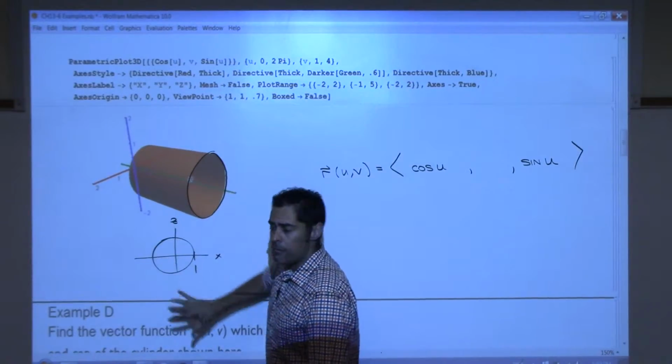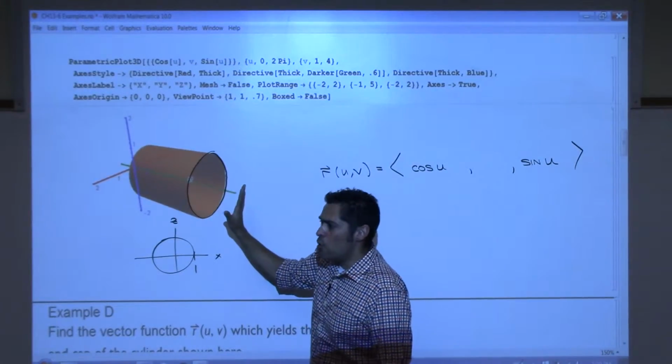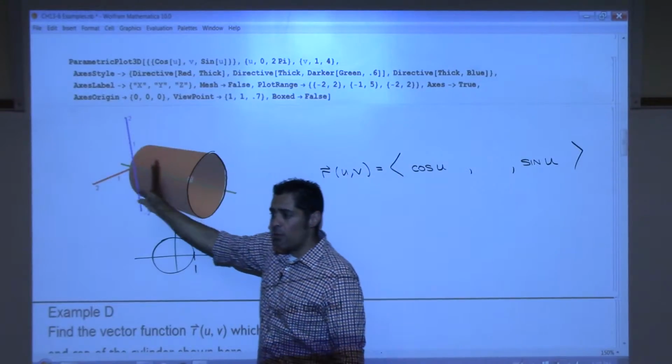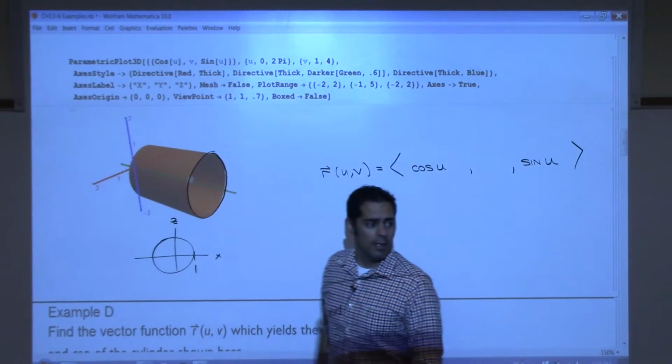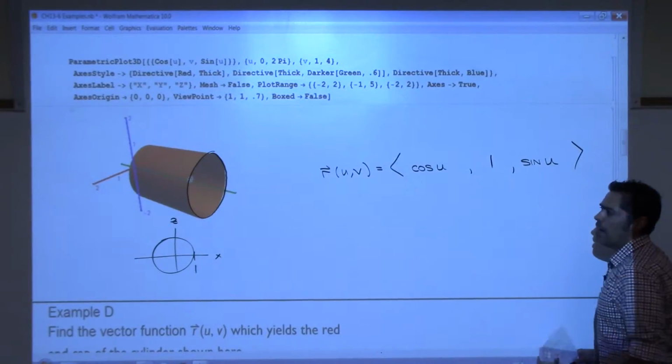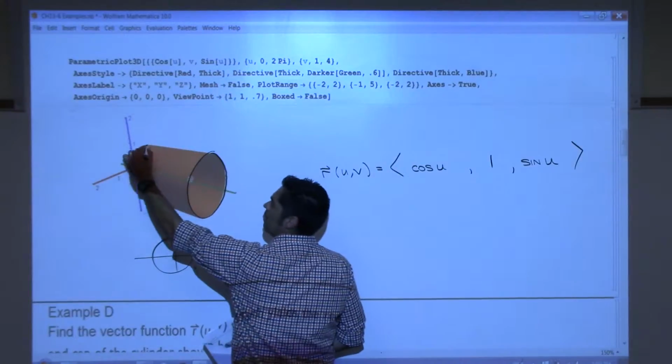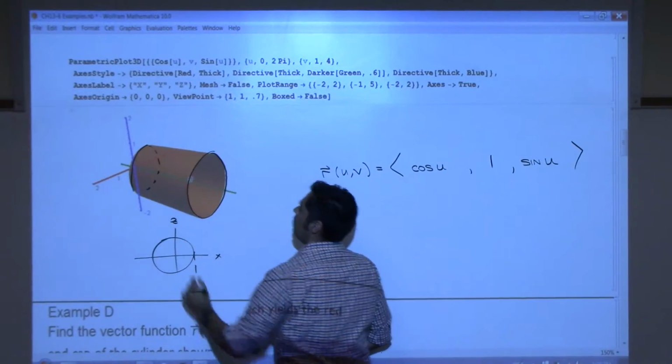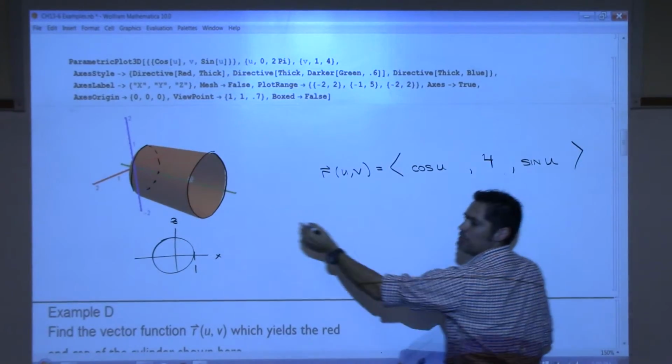Then I just need to take that circle and move it back and forth, changing the y coordinate between 1 and 4, right? If I put 1 here, that would draw this back edge. If I put a 4 here, it would draw this front edge.